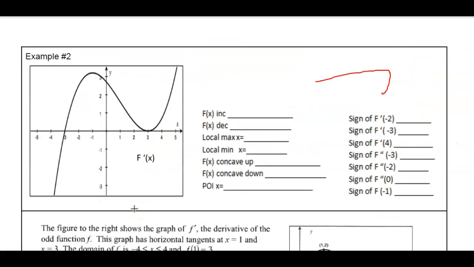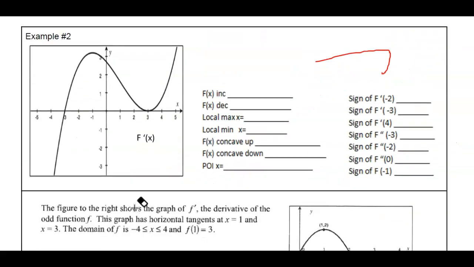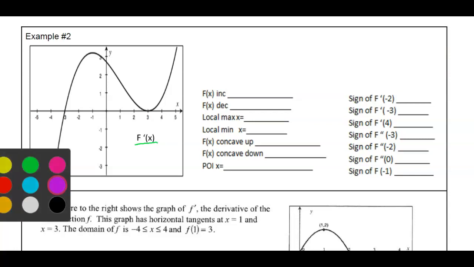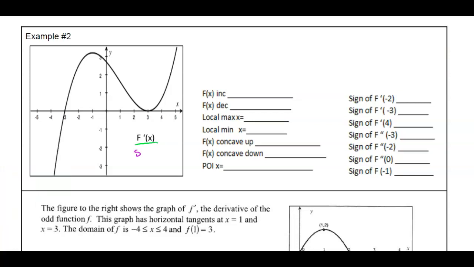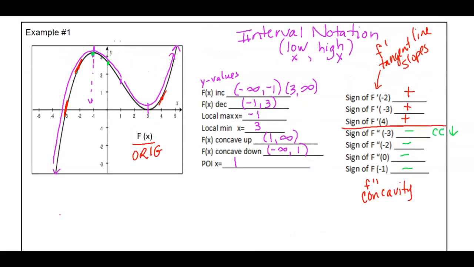So on example 2, they're going to tell you, and this is more typical, that this is a graph of the derivative. So keep in mind that these are tangent slope values that they have plotted. Like if we would go back up here and we would take all these tangent slopes and then plot them, like this is 0, this would be like 1/2, 1, 2, 4, 8.